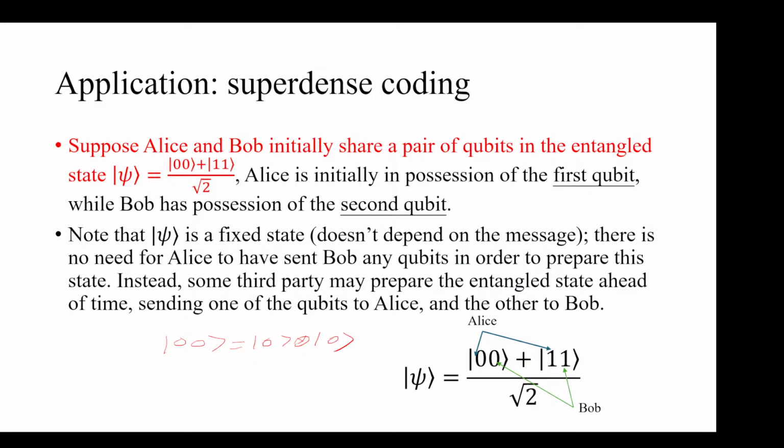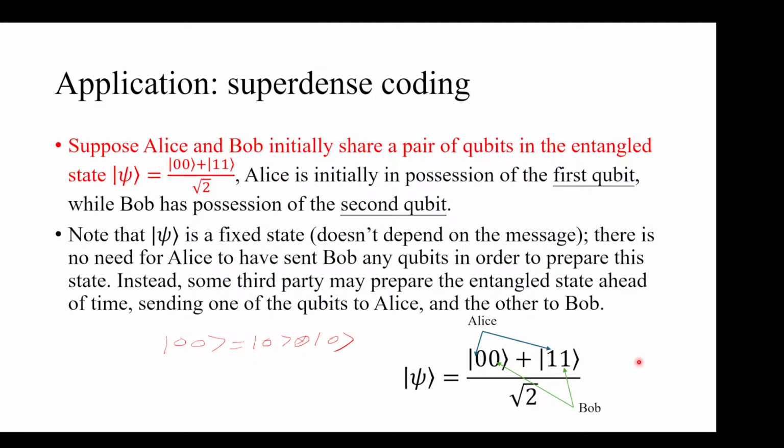Okay, and here we have a little bit of justification of why it's okay for Alice and Bob to share this state. There are several ways to get this state. Maybe Alice can create this state on her side and send one of the qubits to Bob.